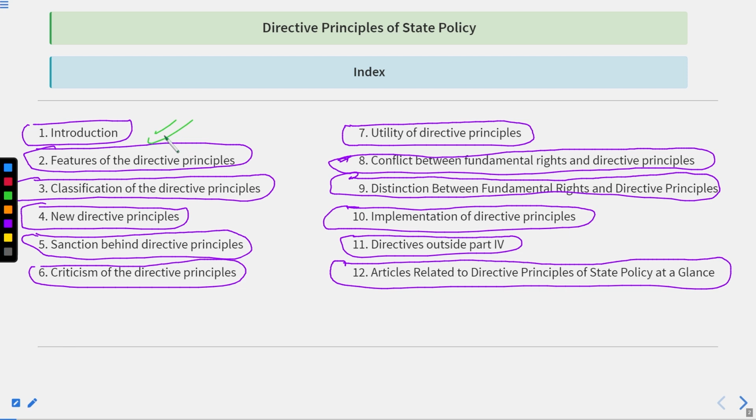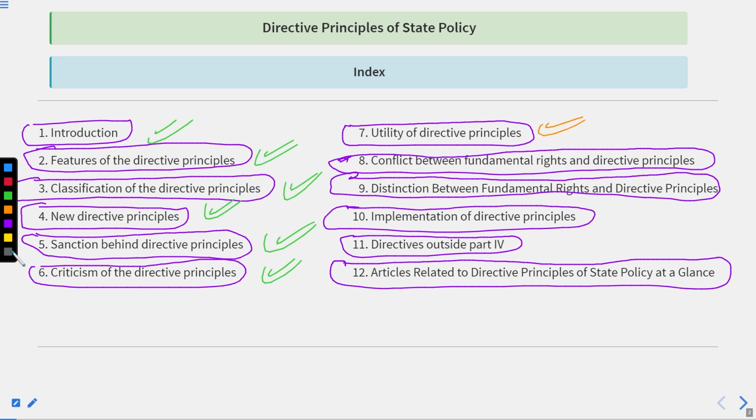Out of these, we have finished the introduction part, features of the directive principles, classification of directive principles, new directive principles, sanction behind directive principles, criticism of the directive principles, and utility of directive principles is the topic which we have been discussing. All right.